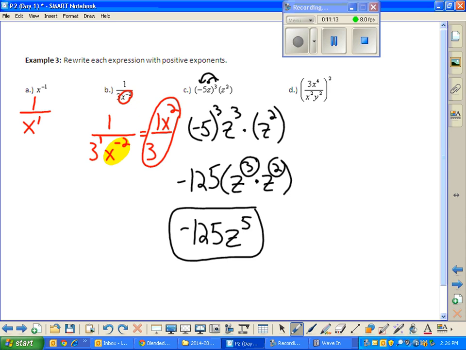And then our last problem, again, I see these parentheses. I'm allowed to distribute that exponent to everything in the problem. All 4 of those pieces need to be squared. Again, I do this because there's no plus or minus in those parentheses. So I'm going to square the 3, square x to the 4th by multiplying 4 times 2. 4 times 2 is 8.